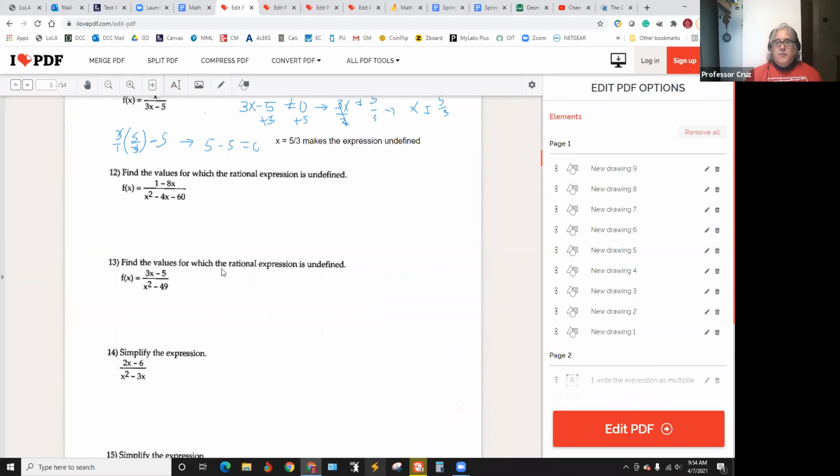All right, so you have to factor. Everything in chapter 7 involves factoring, because that's why we learned what was in chapter 6. All right, so we're only worried about the denominator.